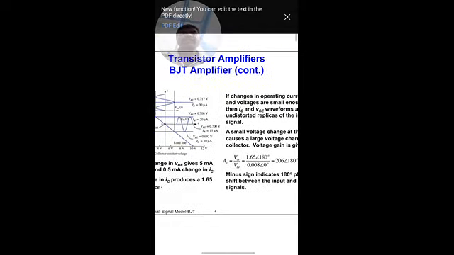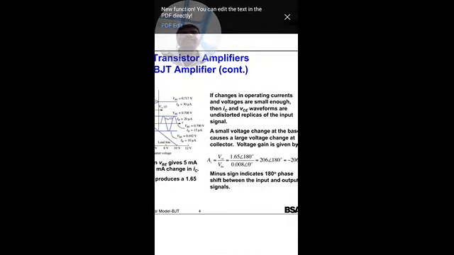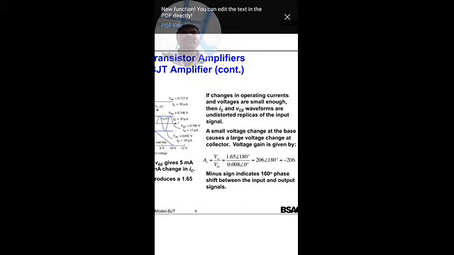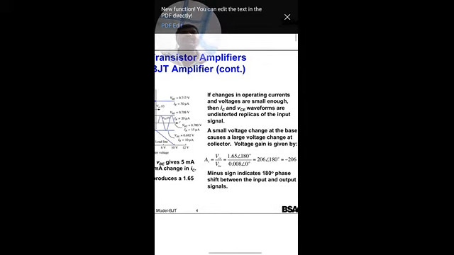Here, if changes in operating current and voltages are very small, then the IC and VC waveforms are undistorted.